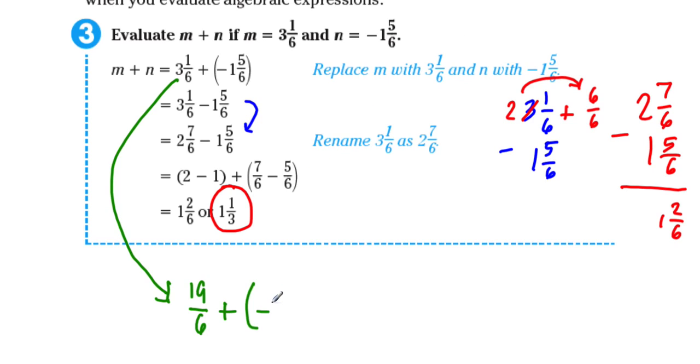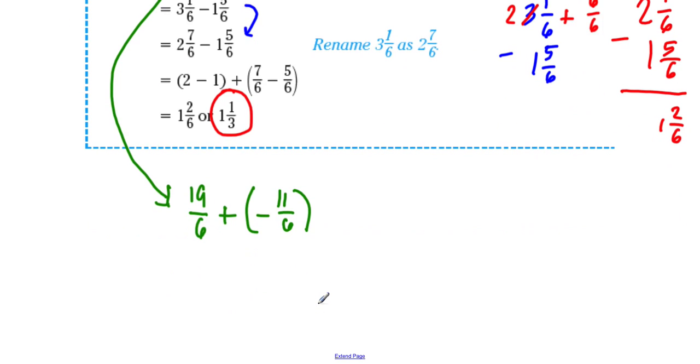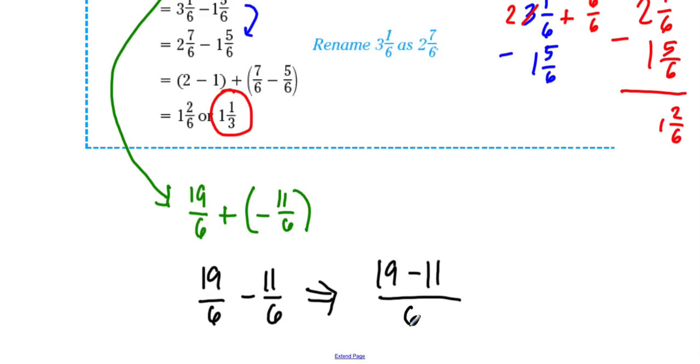Okay, so this becomes negative 11 over 6. Okay, and since they both have the same denominators, we can do 19 over 6 minus 11 over 6, make it into subtraction, or this becomes 19 minus 11 all over 6.